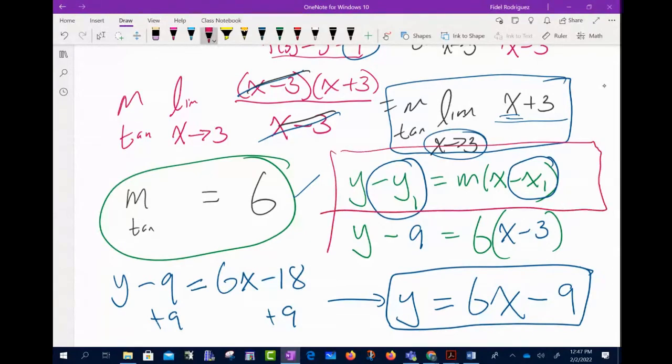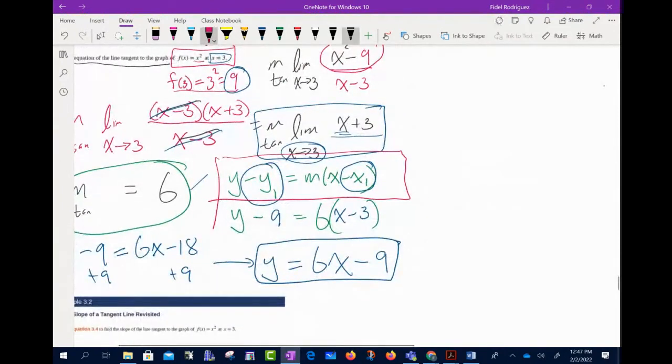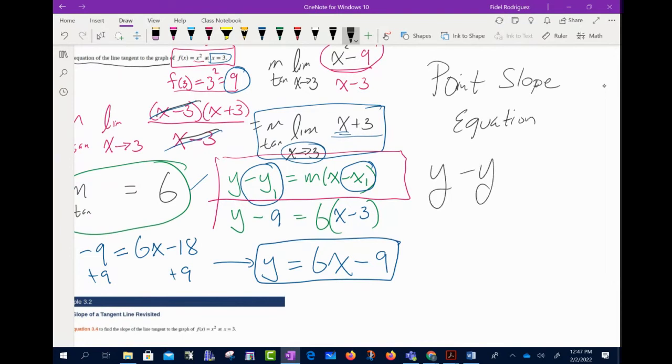So now, this is the part we're going to work on. That equation right there, y'all, let me just do this on the side. This is what we call the point-slope equation, okay? And it's y minus y1 equals m times x minus x1, where m is our slope, right? And the point x1, y1 is the point on our line, right?